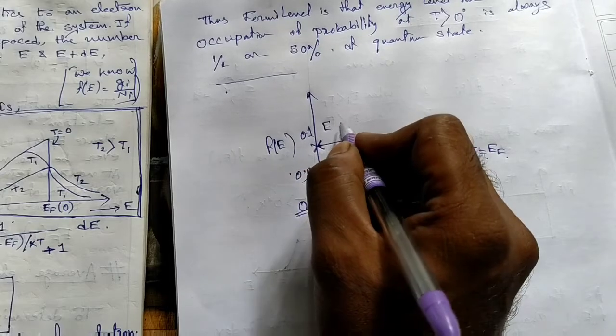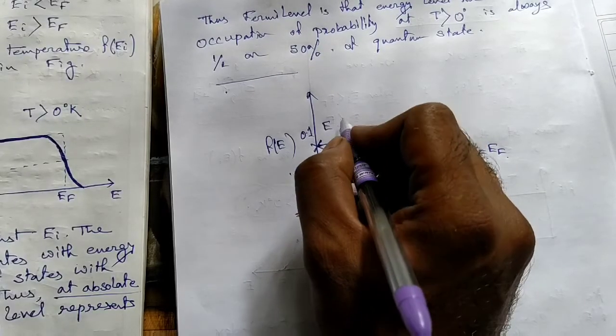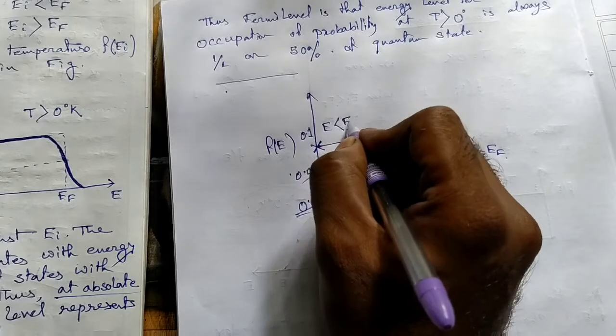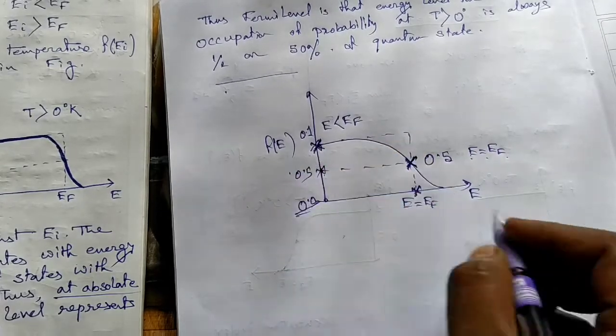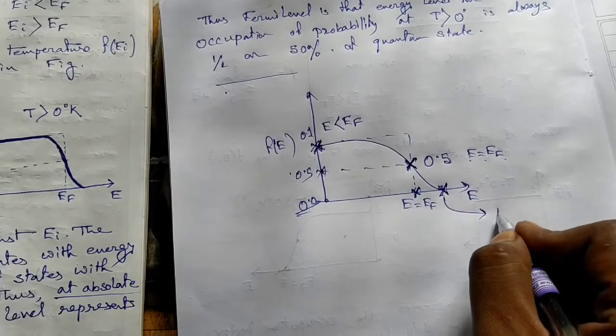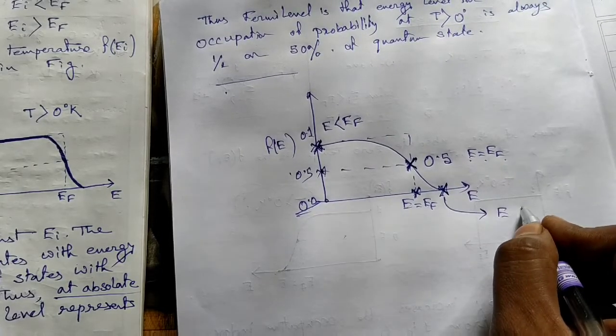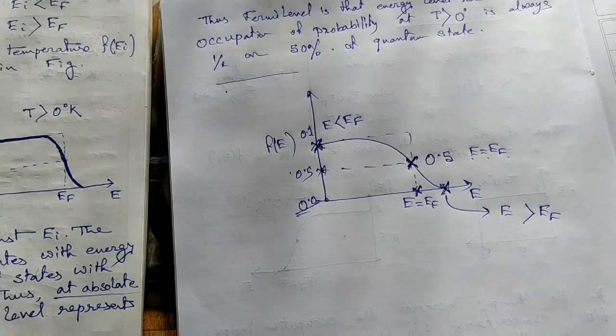At E less than Ef, we get the probability 1, and at E greater than Ef, the probability is 0.